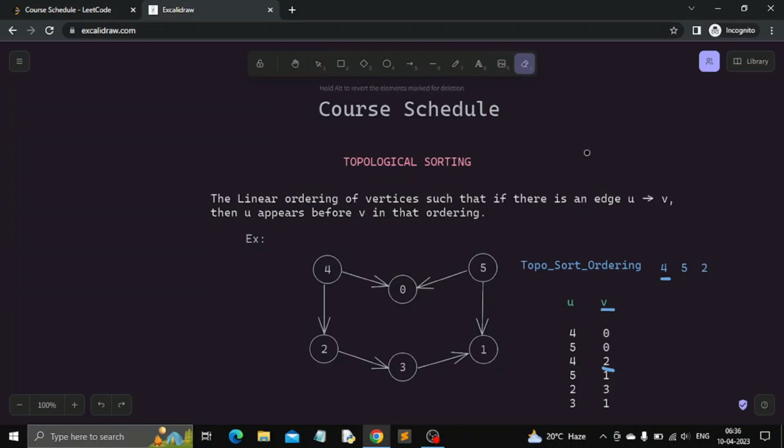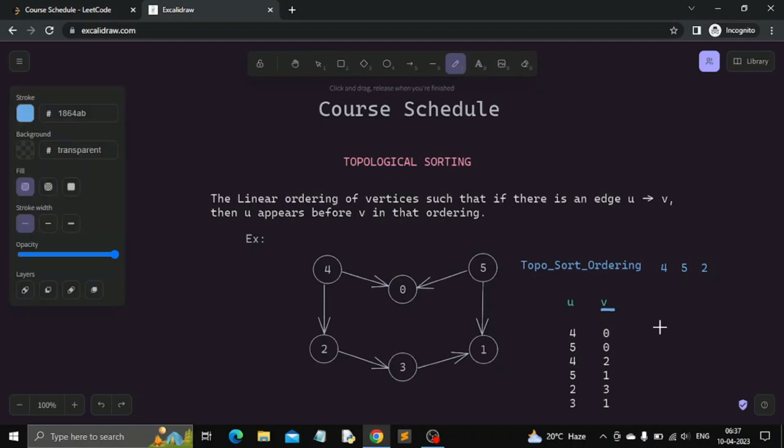Okay, now again we are going to repeat the same process. We will again check our right hand side and see which is another vertex that now we can perform. So we cannot reach vertex 1, because even though we are done with vertex 5, vertex 1 is also dependent on vertex 3, and we are not done with vertex 3 yet.